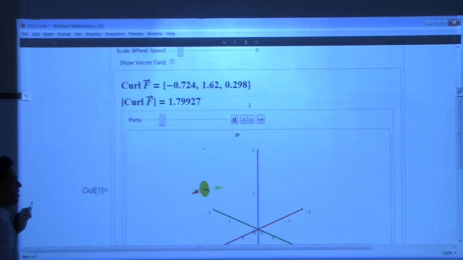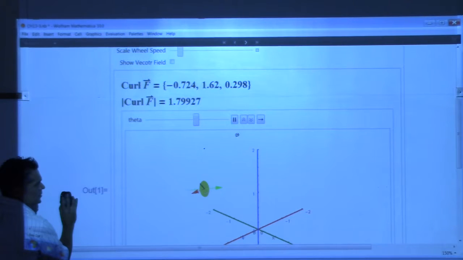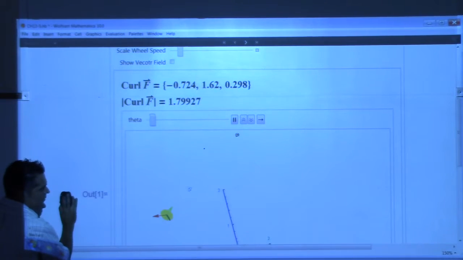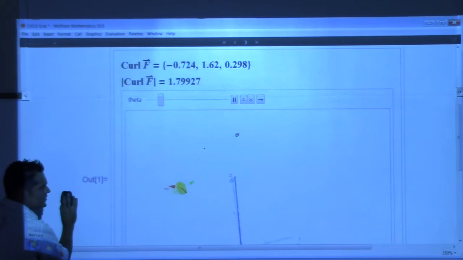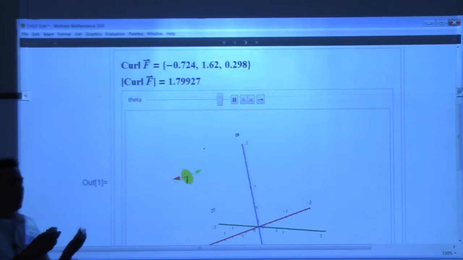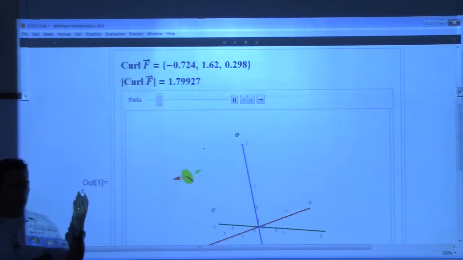Do y'all see this little circle I made with a little line on it? Obviously you see it, but can you tell that the disk is perpendicular to the green vector?